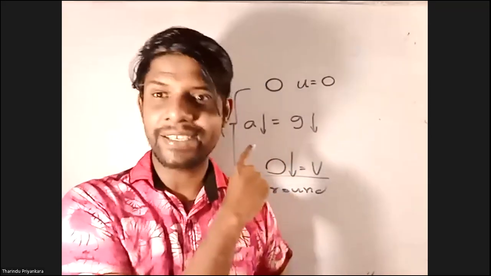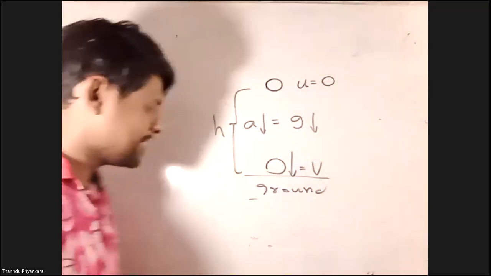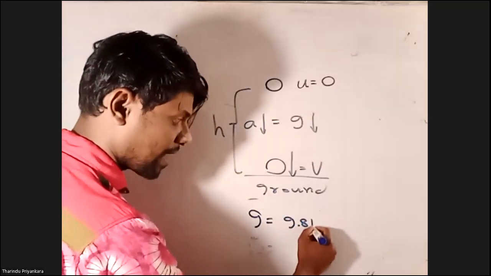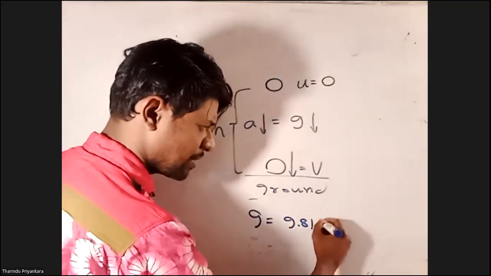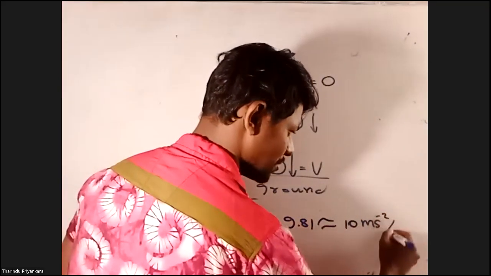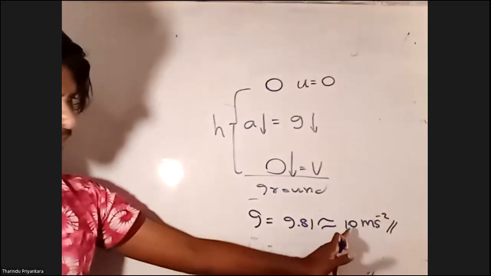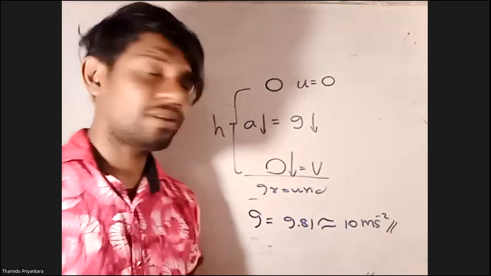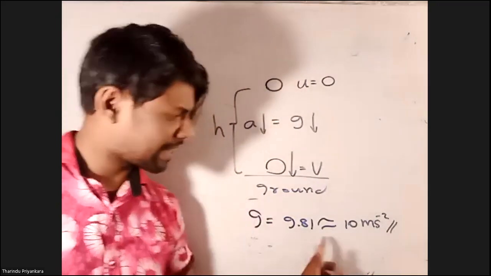Gravitational acceleration only. Normally it is 9.81, but approximately we use it as 10 m s^-2. We use the approximate value to make calculations easier, for our convenience. Okay, put this.